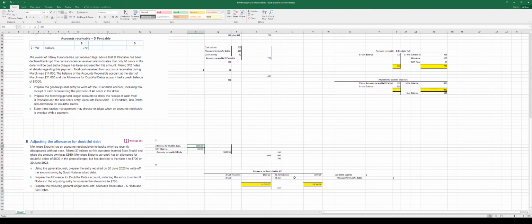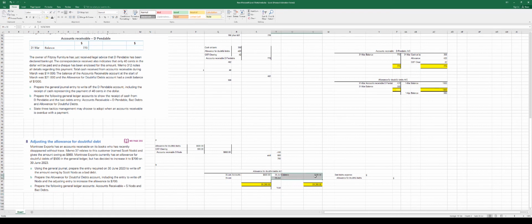Okay, so how about the allowance for doubtful debts ledger account? Montrose Exports currently has an allowance for doubtful debts of $500 in the general ledger, and decides to increase it to $700 on the 30th June 2023.